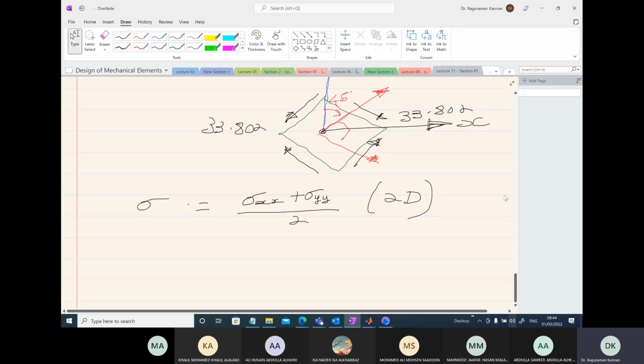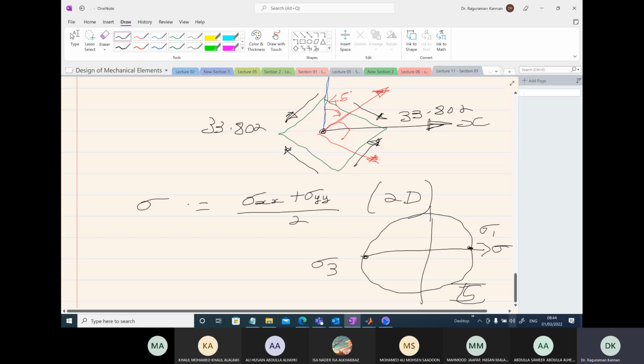I drew the Mohr circle. When we go for the Mohr circle, it will become much more clear. We drew a big circle, if you remember, with the sigma 1 value and the sigma 3 value. The center of the circle gives you the normal stress value here.